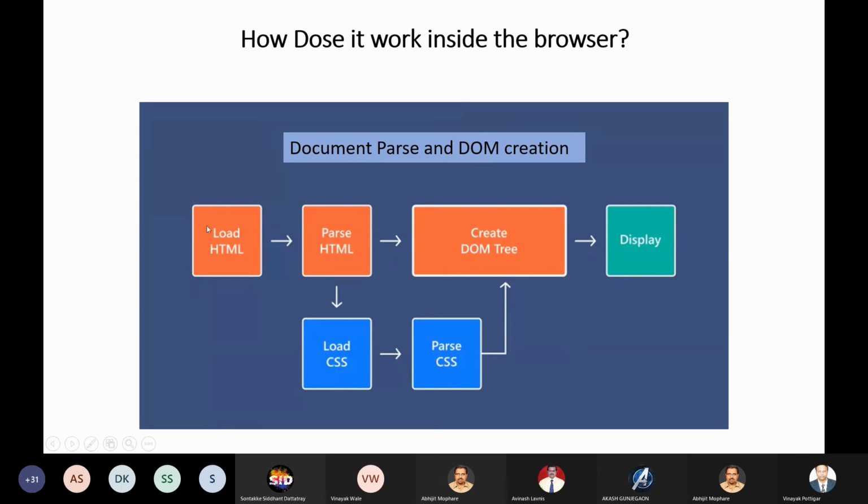It loads the HTML file, and it parses it, which means it reads and scans it from top to bottom and understands each and every element. Then it also loads the CSS which is given in the head section with the help of a link tag. We will see that in the next section. It parses this CSS, and after parsing, it attaches the CSS to the individual elements of this DOM tree.